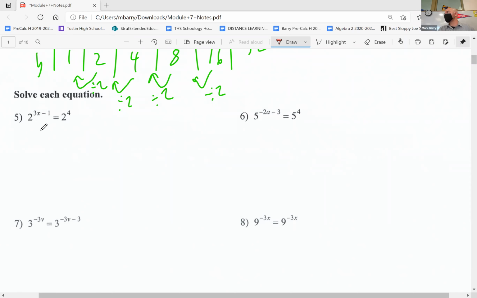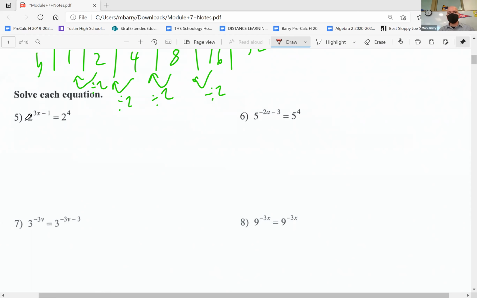They need to be the same on each side. Well, if we look at the big number, which I'm going to call the base, the base is kind of the big number that holds up the exponent. That's the name for that, the base. I'm going to start using that word more here because it's going to help us later on. So the base here, you can see, is 2.